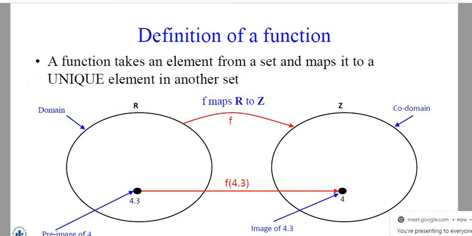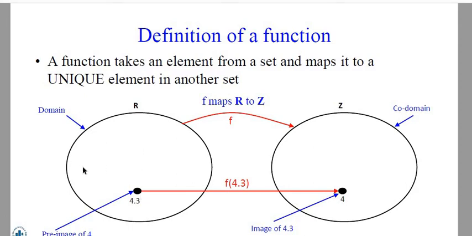Definition of a function. A function takes an element from a set and maps it to a unique element in another set. That is one kind of definition of a function. It takes an element from a set and maps it to a unique element in another set.